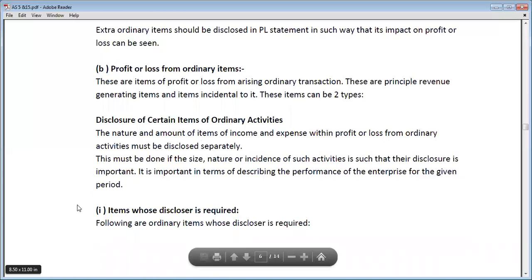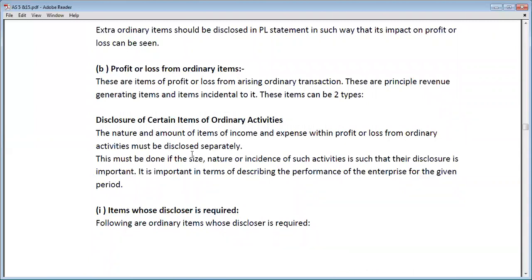So what these lines say is that you must disclose your ordinary activities when the size, nature, or incidence of that item is such that the disclosure is important. अगर आपके ordinary items ऐसे हैं जिनका disclosure important है, तो ही आपको उनको disclose करना है. Otherwise, there is no requirement of disclosure.